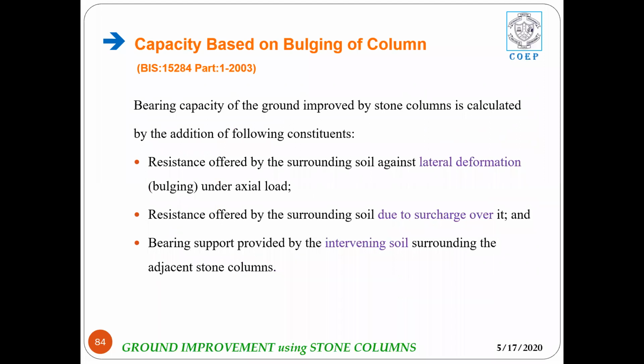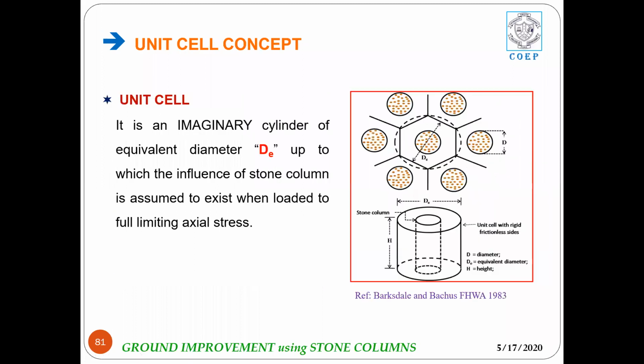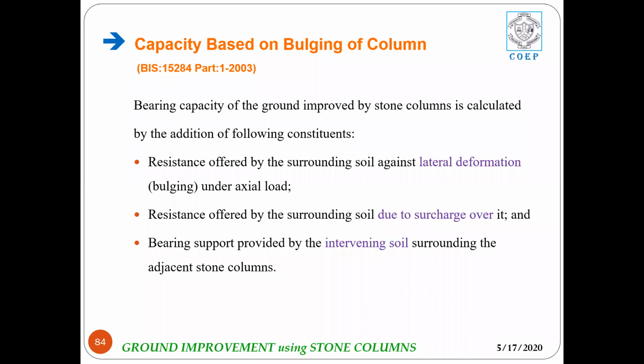Then, what are the various factors affecting the capacity of a stone column? As we had seen in the figure given by Hughes and Withers, taken from Hughes and Withers 1974: the resistance offered by the surrounding soil to the lateral deformation because of the bulging phenomenon that is taking place, and this bulge, I again repeat, takes place at a depth of 2 to 3 times the diameter of the stone column.